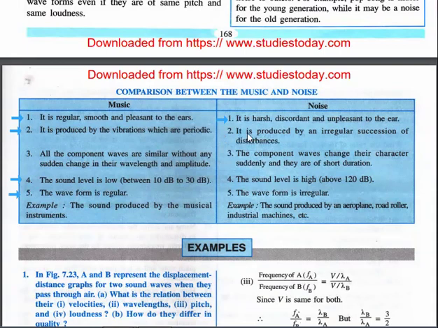It is produced by an irregular succession of disturbances. The sound level is high, about 120 decibel. The waveform is irregular. By the way, RCB Stadium, Chinnaswamy Stadium, the decibel is 127. So that is a noise, you can say, because it is above 127.